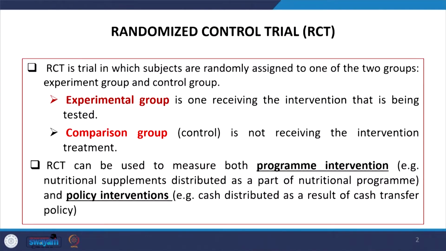RCT can be used to measure both program interventions, that is nutritional supplements distributed as part of a nutritional program, and policy interventions, like cash distributed as a result of a cash transfer policy, etc. Largely this is used to identify the impact of certain programs, maybe nutritional supplements, on the larger population. We can understand the implications of policy designs or policy interventions.